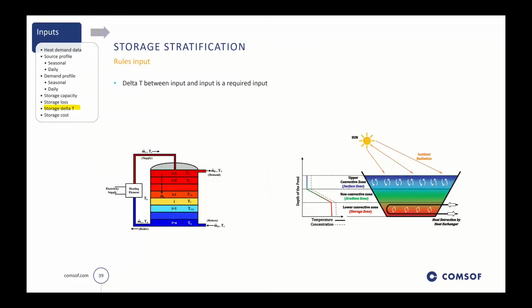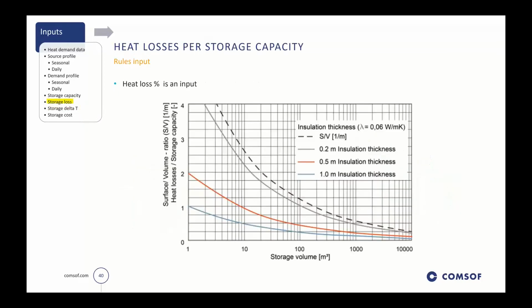What also will be important is the delta T between the input and the output. So the storage stratification: here we have the hot layers on the top of the tank, cold layers on the bottom. We have a delta T between the top and the bottom. So that's also an input that we require for the calculation. The heat losses are typically given as a percentage.